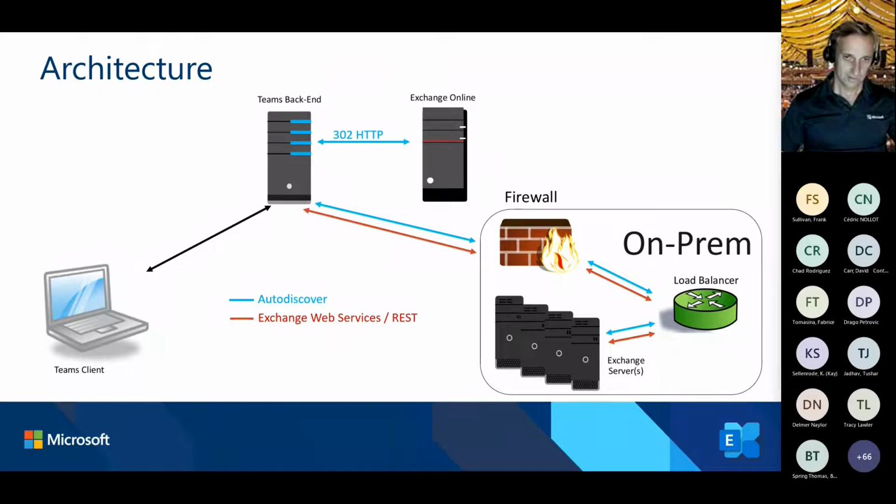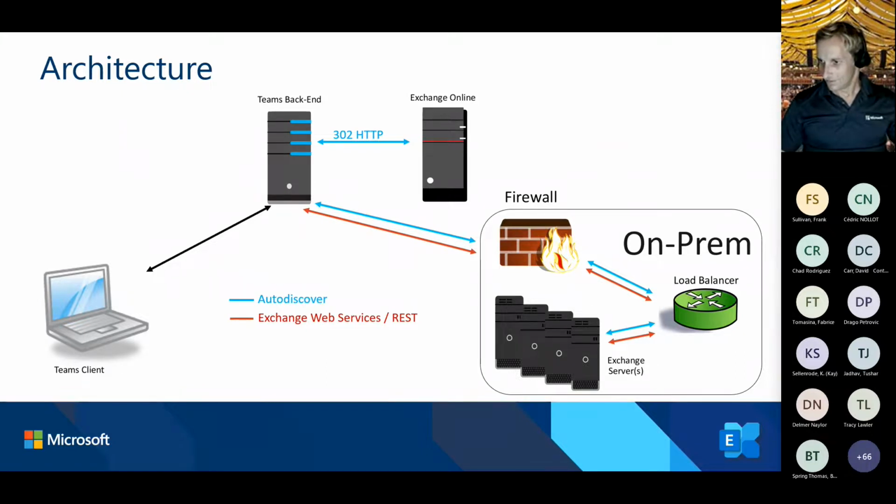As mentioned earlier, everything relies on Autodiscover. So the blue arrows represent the Autodiscover part, and the red arrows represent the REST API or Exchange Web Services part.